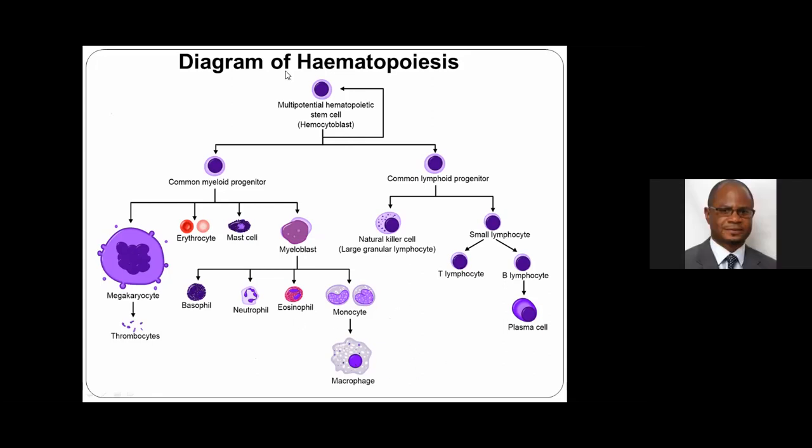So my question is, why is the mast cell originating from a common myeloid progenitor, but since it's also found in tissues, with respect to the macrophage, it's rather coming from a monocyte. So why is the mast cell coming directly from the common progenitor, but not from the basophil?